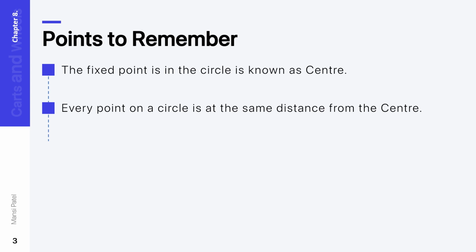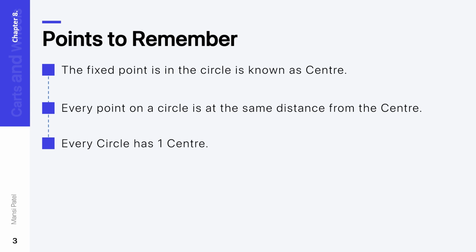You know that already. In a circle there are many points, and all the points are at the same distance from the center. And every circle has only and only one center.